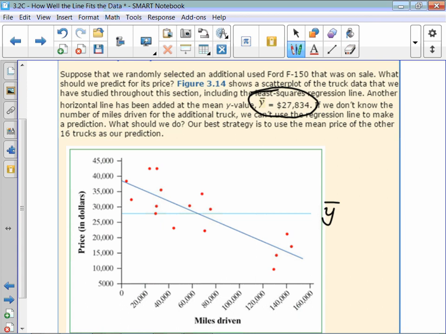If we don't know the number of miles driven for some truck that we're going to try to buy, then we can't use the regression line to make a prediction. And so our best guess is to use the mean price of all the other trucks that we know, which is kind of weird, all right? But if we don't know the mileage, we can just take the average of those 16 trucks, and our best guess is that it's $27,834, which is where they put that line.